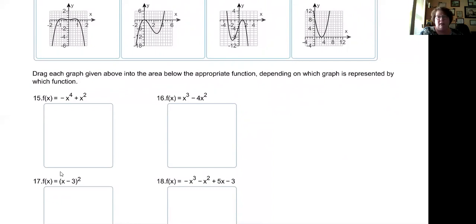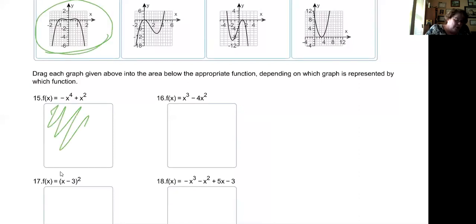The only graph up there that falls to the left and falls to the right is the first one. So this first one, let's circle it in green. This first one has to go here.